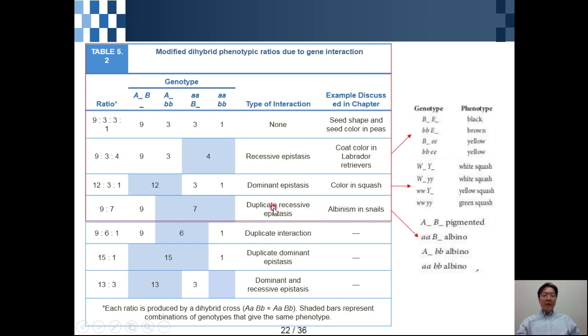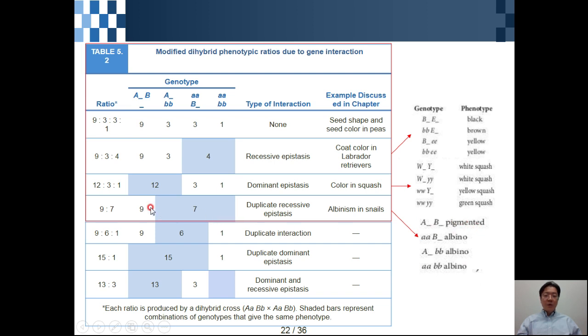How about the duplicate recessive epistasis? You can see it in albinism in snail. So if they have small aa, or if they have small bb, or if they have small aa, small bb, they will have no color, albino. And if they have a large A, large B, they will have color, pigmented.